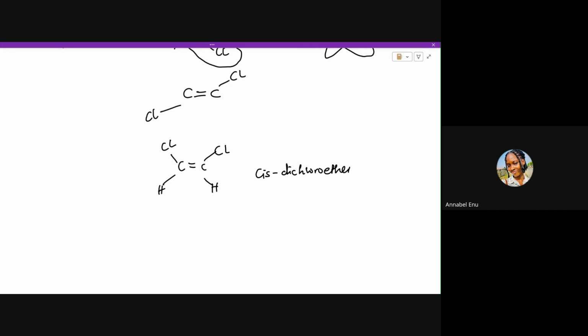Because they have two chlorine. Why do we have to say cis? Assuming we don't say cis and we just say dichloroethene, and someone should draw the structure of dichloroethene, the person can end up putting the chlorine anywhere around the two carbons. What if the person draws a trans structure? So at the end of the day, that's the importance of writing it as cis or trans.